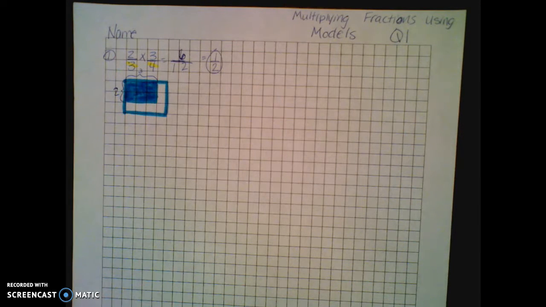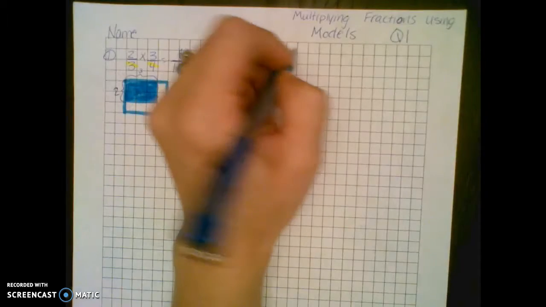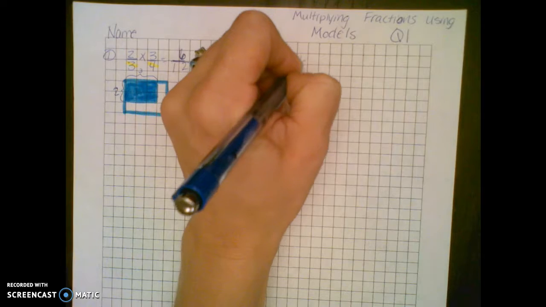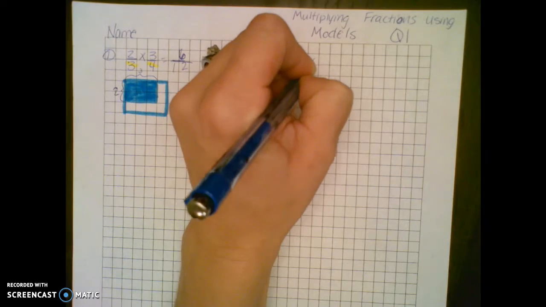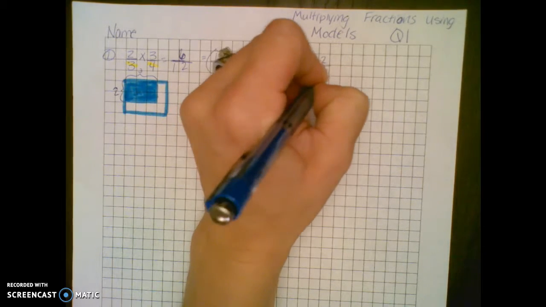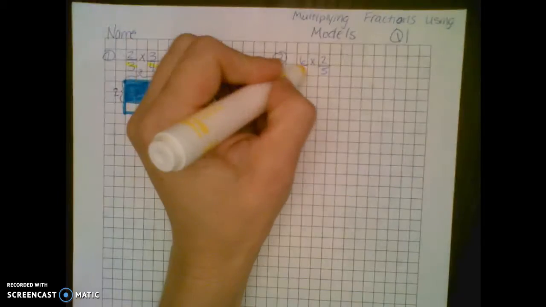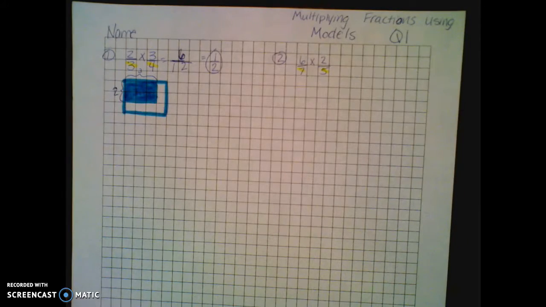Okay, let's try that again. Let's look at number 2. Number 2 is 6/7 times 2/5. I start by making my rectangle. Remember, the denominators tell us what the dimensions of our rectangle are going to be.